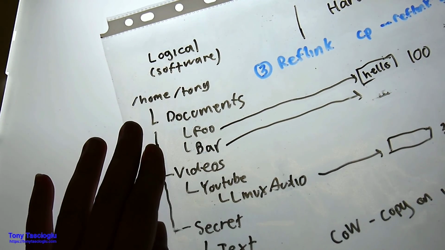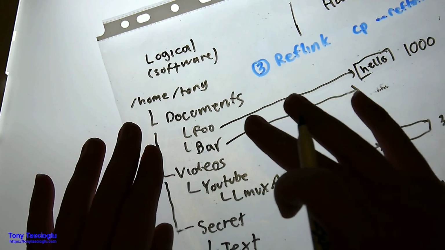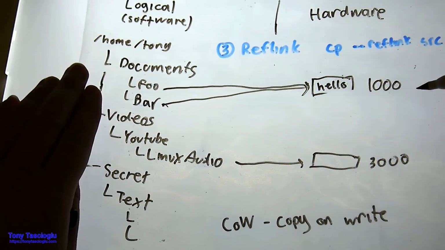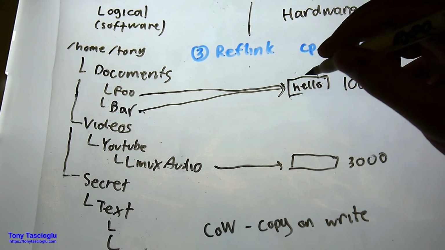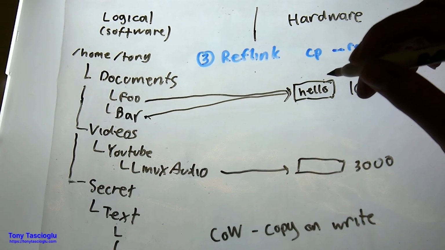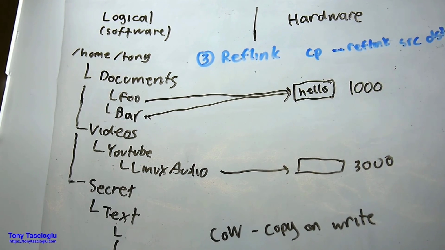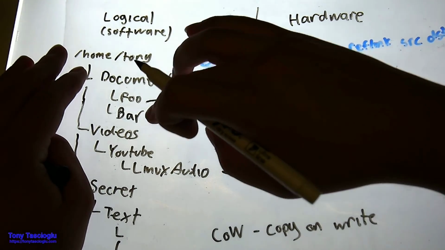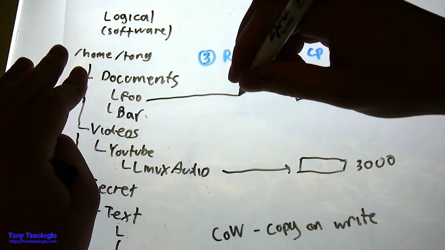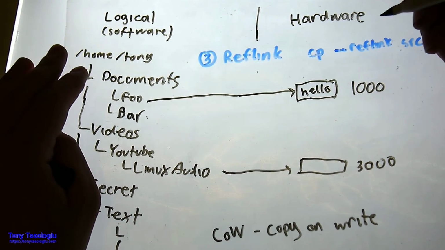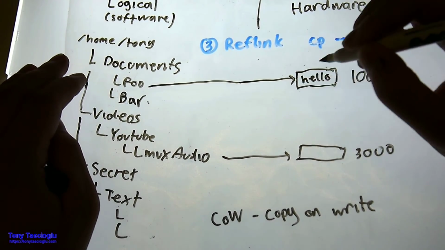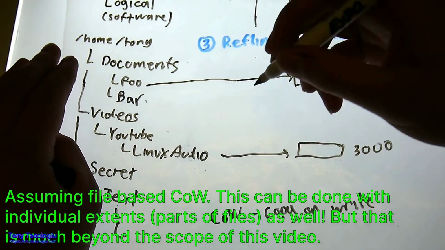When you do the read operation, it will not make a copy. So as long as I'm only doing reads, I'm going to keep reading this block. But the first write I try to do, say I try to add a new line, or I try to edit the word to be flurble, or baz, whatever. The moment I try to update that word, that's when the copy takes place. And this is why maybe it shouldn't be called a link, but it's a link until you make a change. And when you make a change, copy on write kicks in.